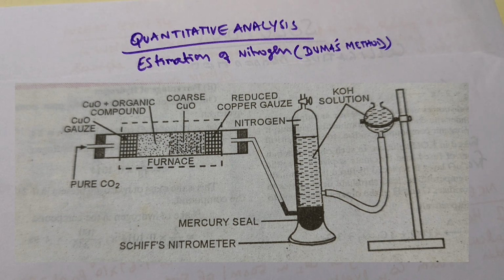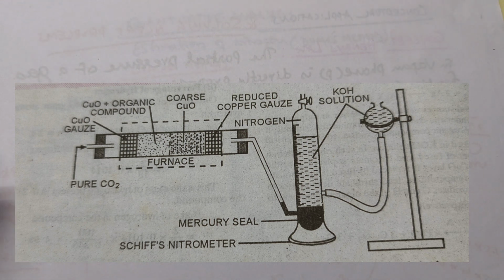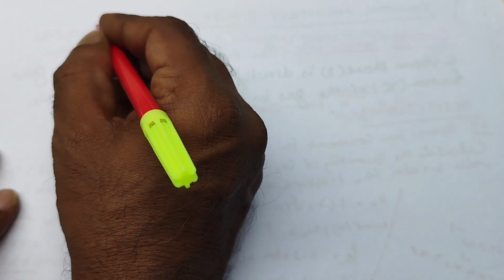The carbon dioxide generator is not given in the diagram, but the Schiff's nitrometer as well as the combustion tube are there. Once the nitrogen gas is collected in the reservoir, we have to go for the calculations.